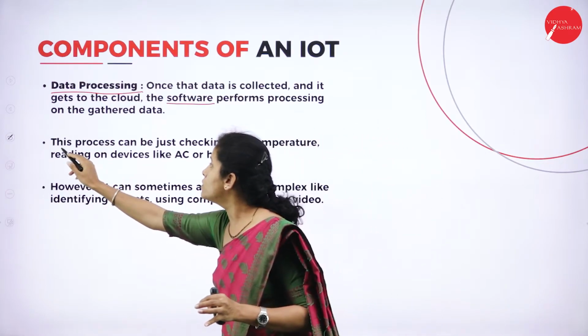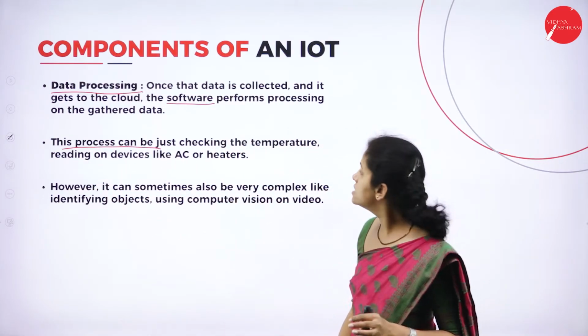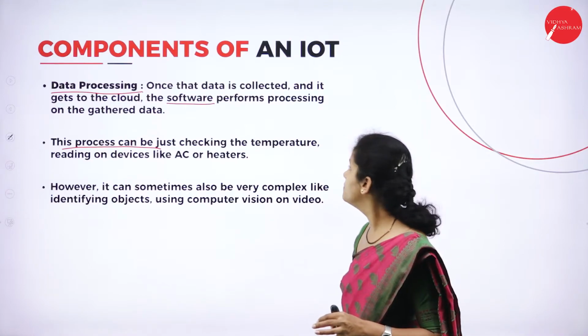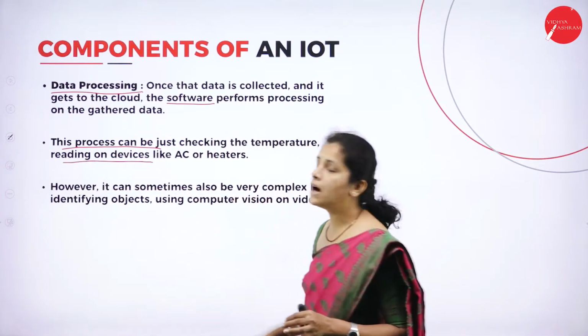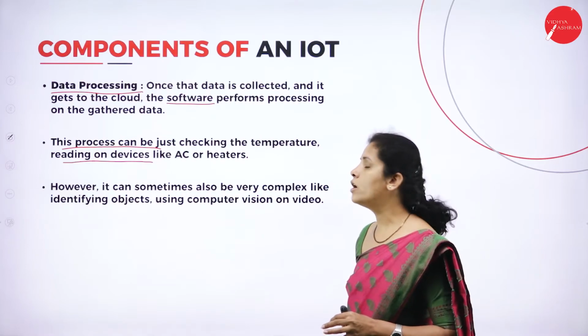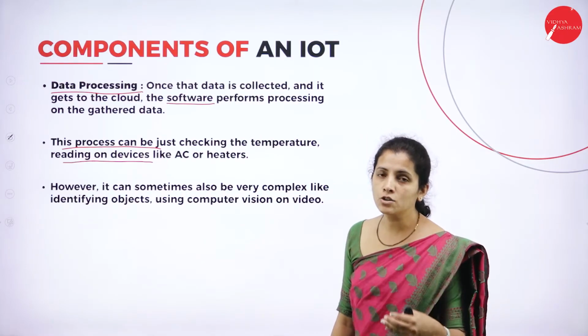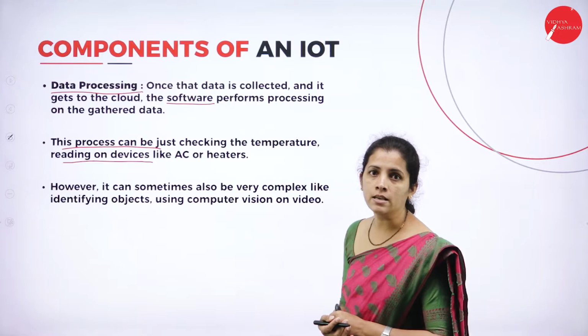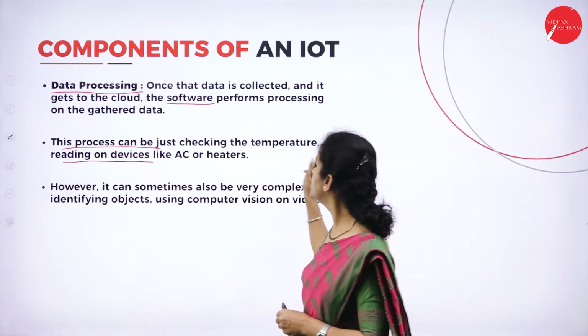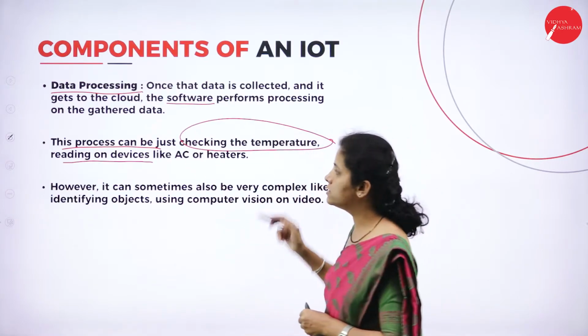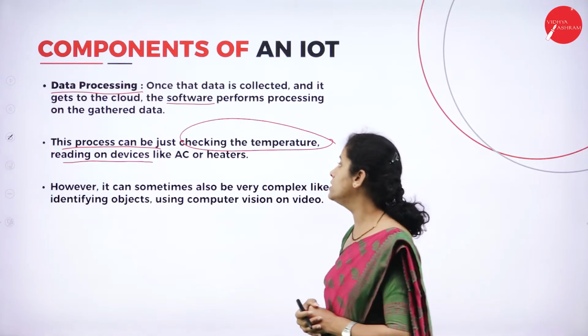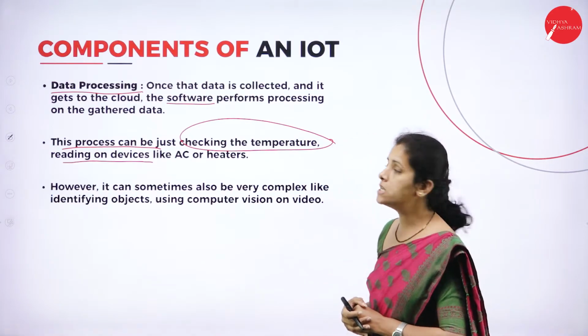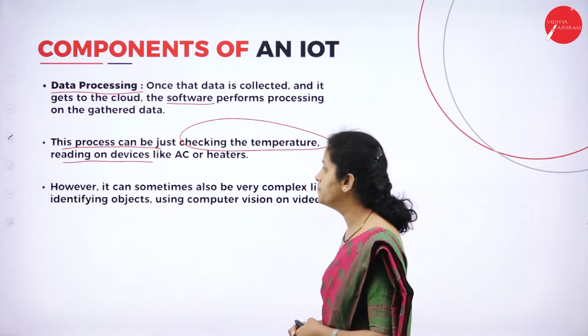This process can be just checking the temperature or reading on devices like AC or heater. So what is the job of data processing? That is just checking the temperature or reading on devices like AC as well as heater.